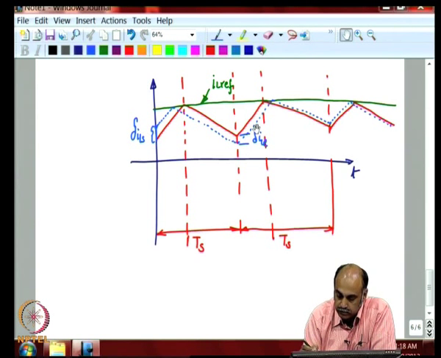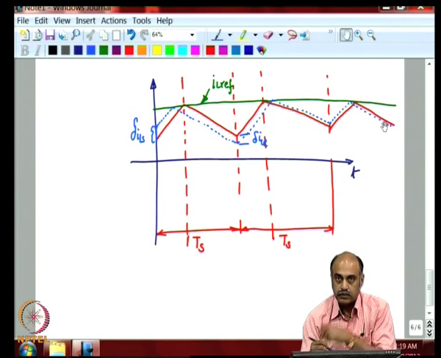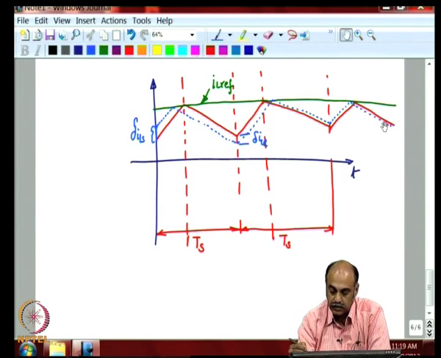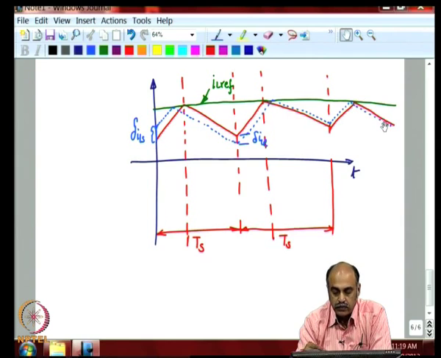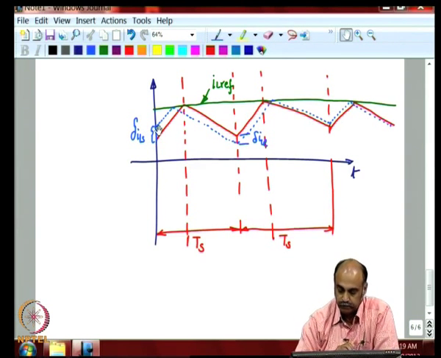Then the perturbation here, this magnitude will be less than this magnitude, because duty cycle is still less than 0.5, and so on. The magnitudes at every succeeding period start reducing, and the disturbance is ultimately rejected.